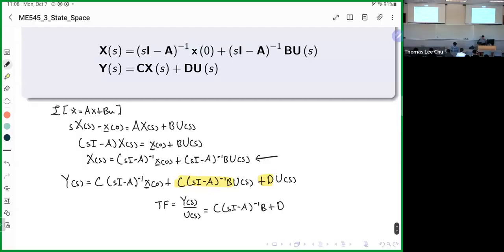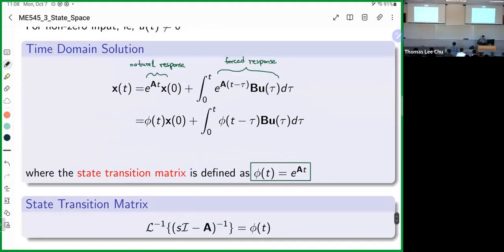This is the solution to our state equation, or our differential equation in the frequency domain. So we just take the inverse Laplace transform of these two, then we'll get the time domain solution. But let's say we're working purely in the time domain, but we do have our ABCD matrices, then we can actually get our direct solution without doing the Laplace transform and inverse Laplace transform.